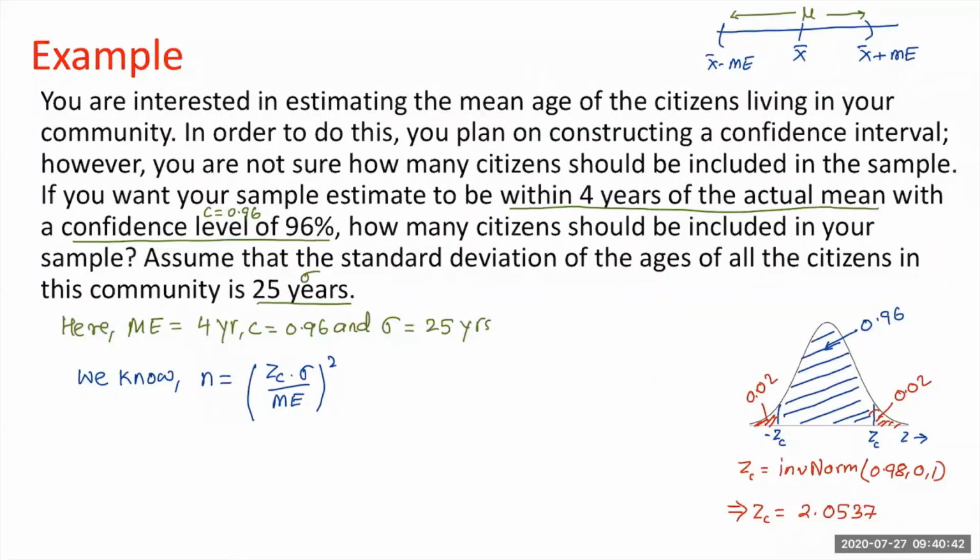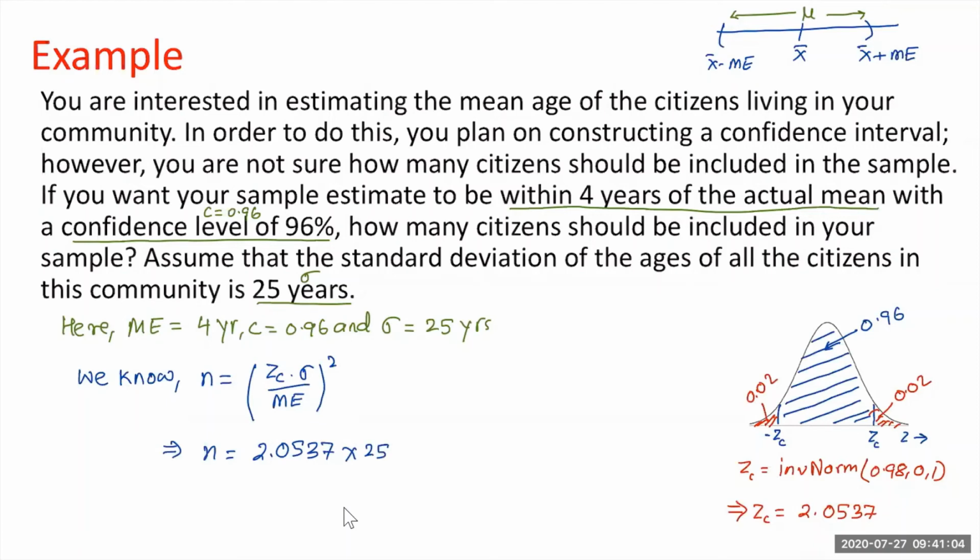So we have z sub c. Let's plug it back in here. So n is equal to, your z sub c is 2.0537. We have to multiply that by the standard deviation, which is 25.